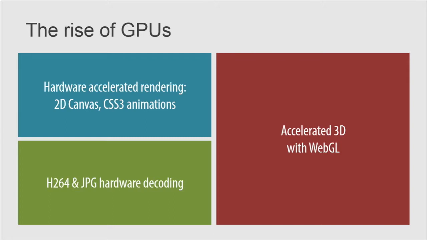For instance, let's have a look at 2D canvas. You just talked about hardware scaling, which lets you change the resolution of your canvas and stretch it to full screen. It's something that is done by the GPU itself. And if you think about CSS3 animations and transitions, it's also something that the GPU does for us.